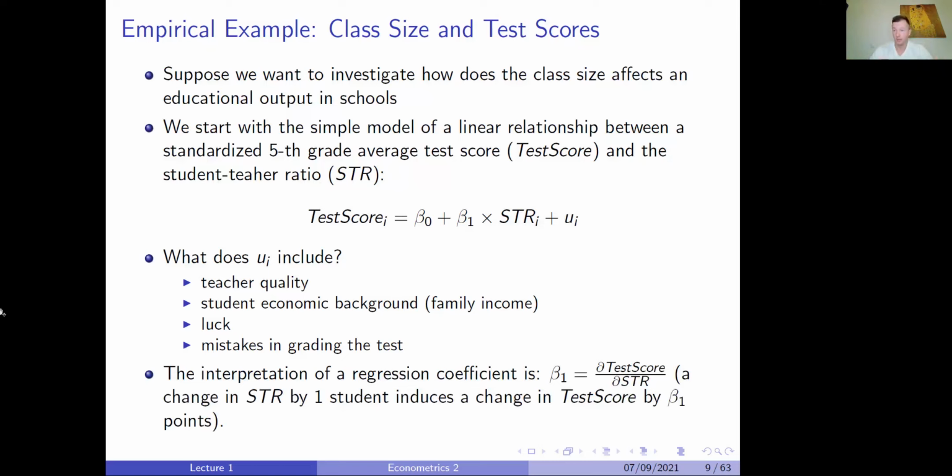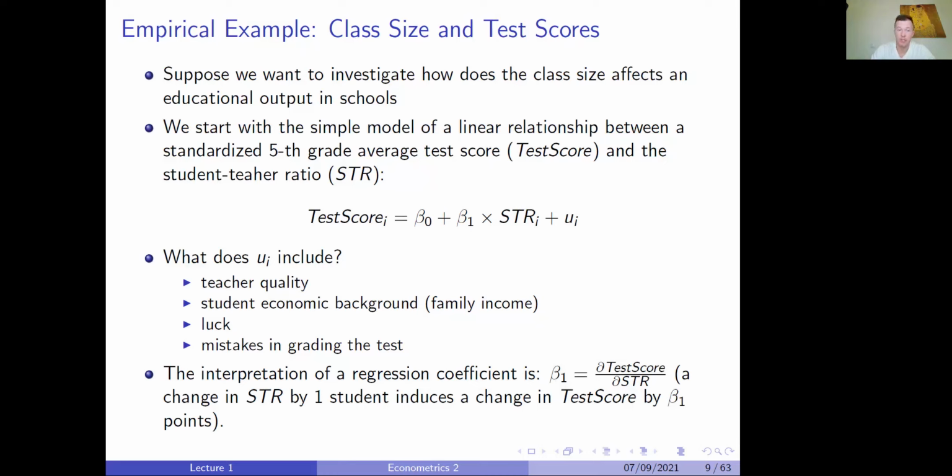So, and the most important thing is the interpretation of regression coefficient. What is this beta 1? So formal or mathematical explanation is such that beta 1 is a partial derivative of a test score with respect to the student-teacher ratio.